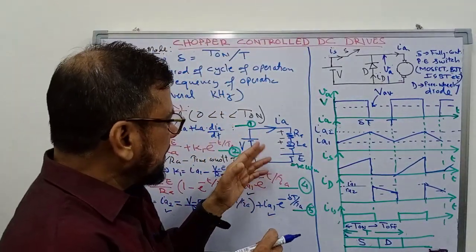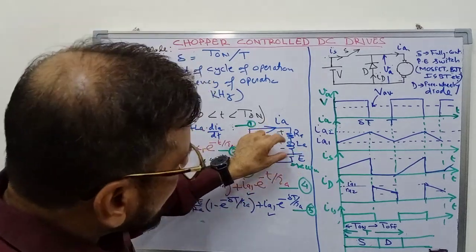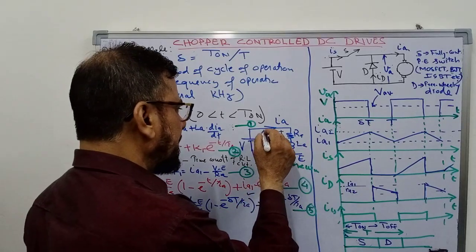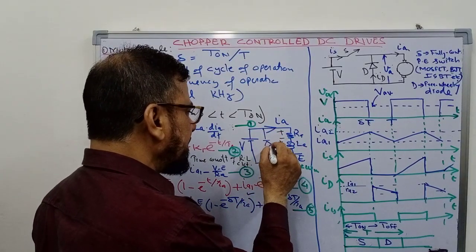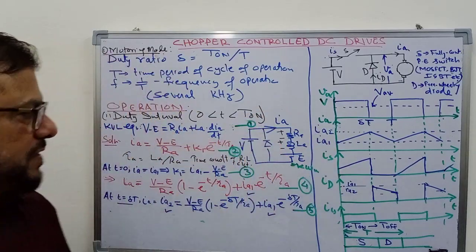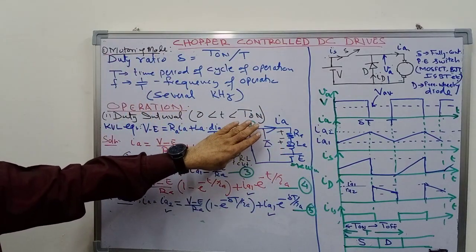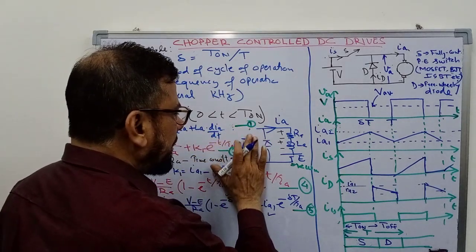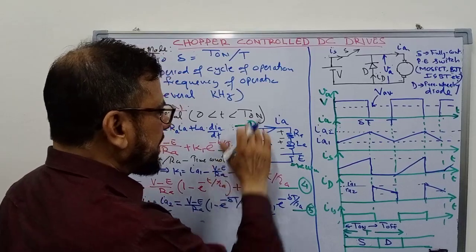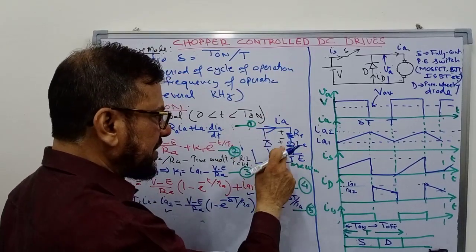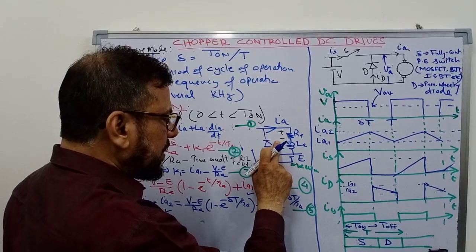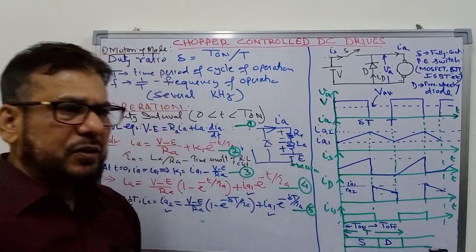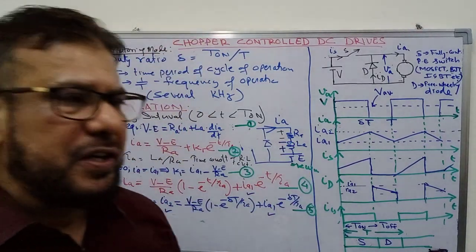In that case, the polarity of the inductor voltage will become opposite to what it was earlier. You can see the diode was connected here, which was in the off state when the switch was closed. But as soon as the switch is opened, instead of rising, the current starts decreasing. That will cause the polarity of the inductor voltage to reverse. It will become opposite to what it was earlier.